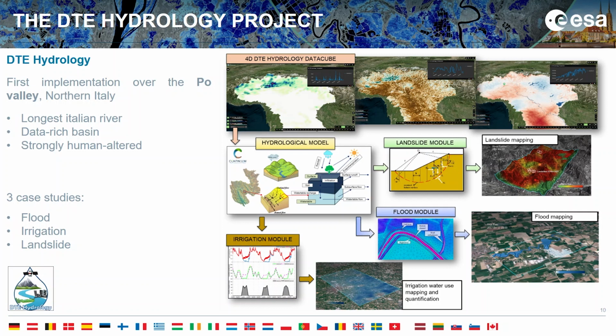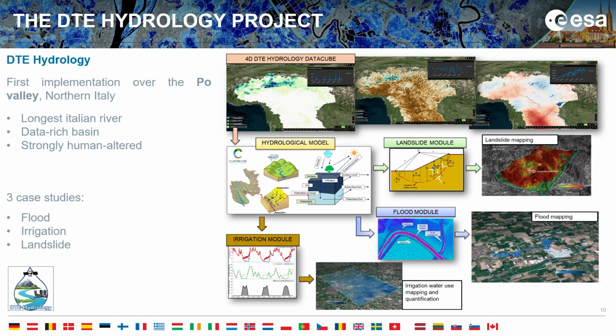More in detail, it is the Continuum model from CIMA Research Foundation, the partner whose aim is to provide the modeling part. And from this hydrological model, we have three modules that allow us to show, through three case studies, what we can do with this kind of tool.